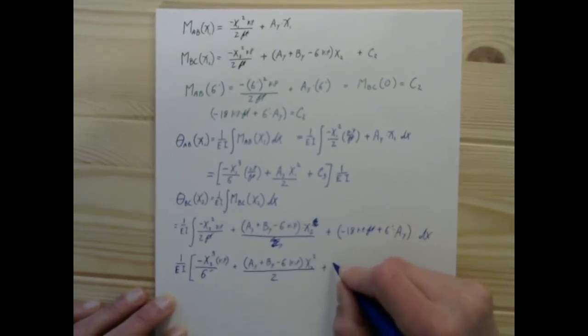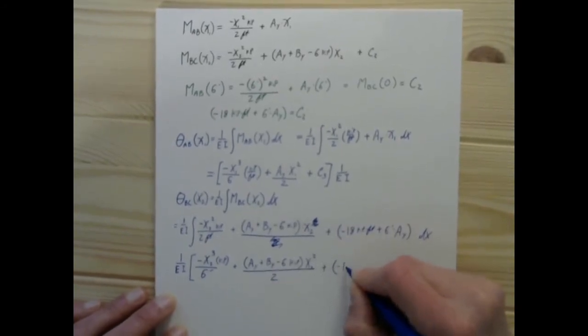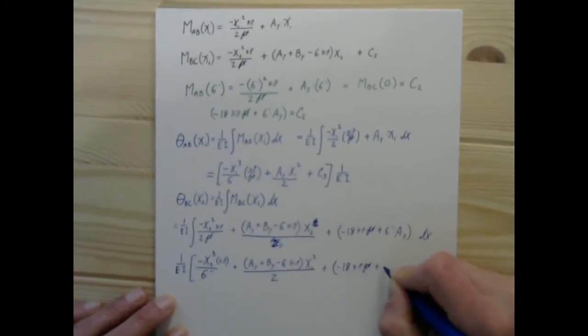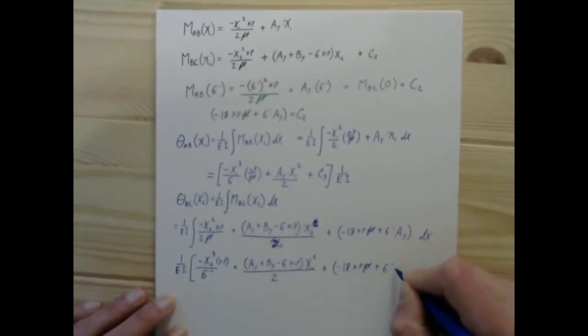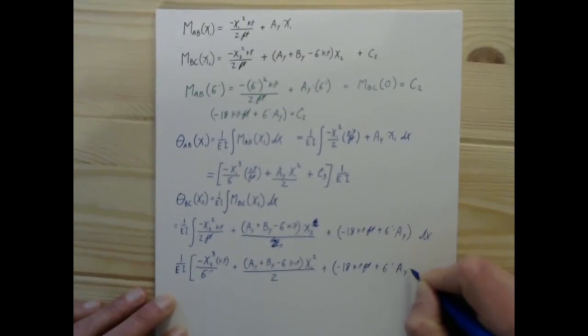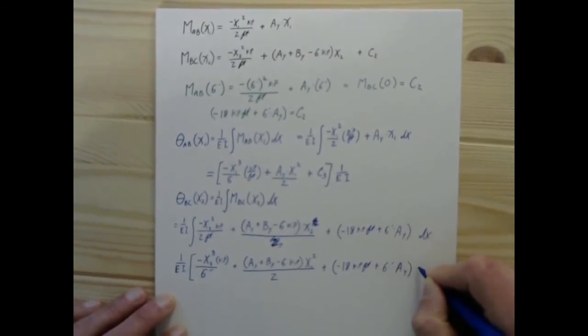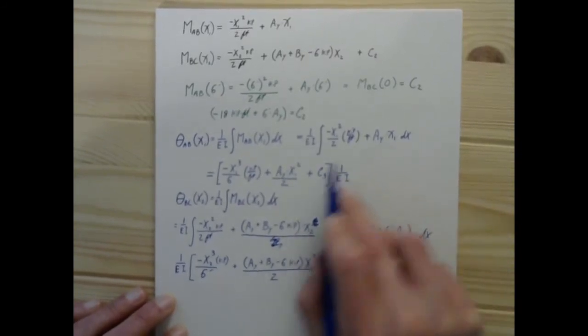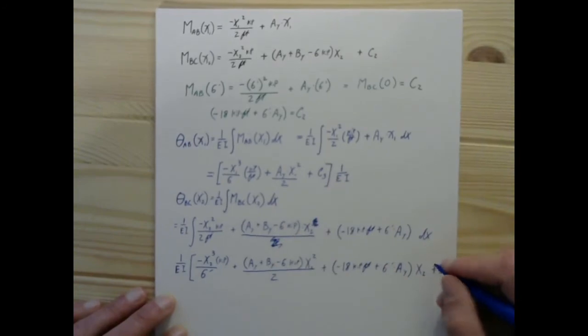Plus negative 18 kip feet plus 6 feet times AY, times x2, plus some constant of integration C. What are we on? 4, I guess.